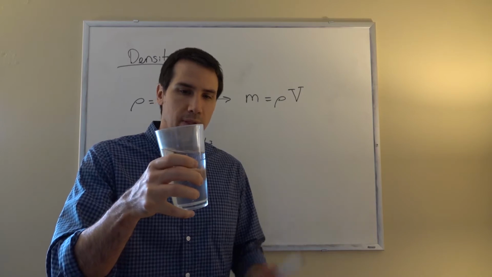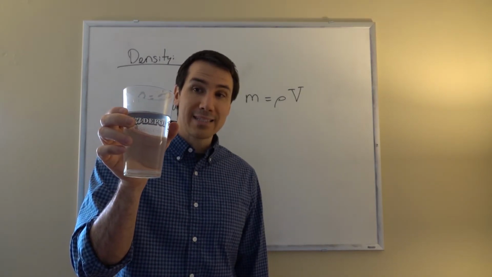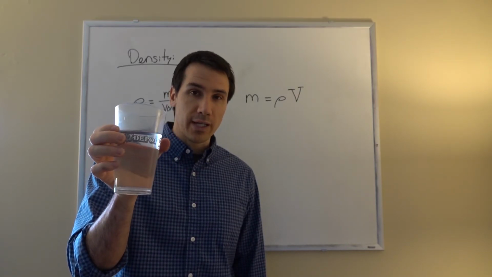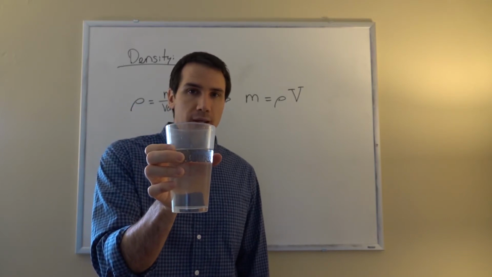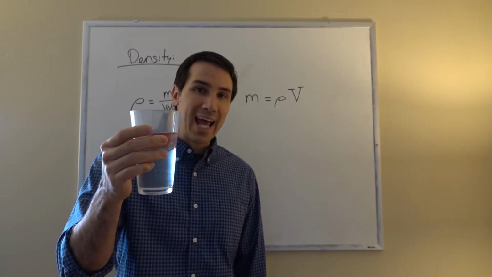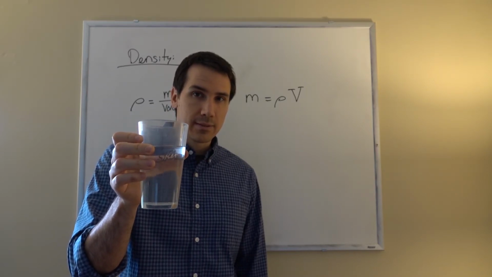Here I have a cup filled with water, and we are going to attempt to estimate the mass of the water in this cup. So take a minute, pause the video, and see if you can give me an estimate of what the mass of the water in this cup is.